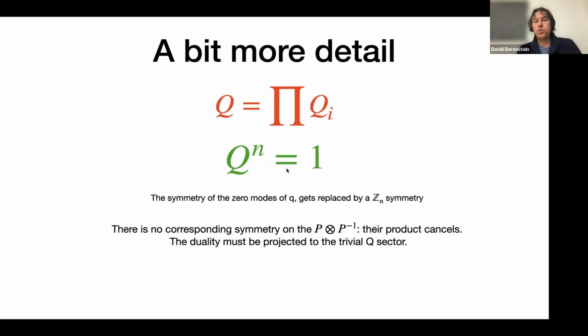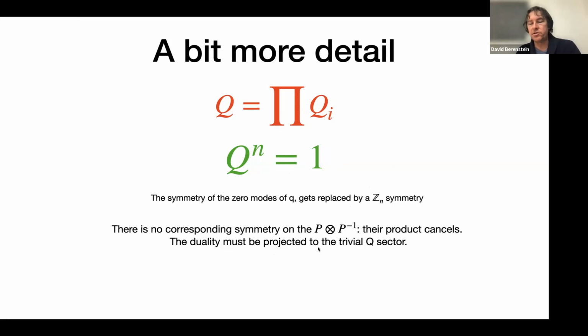You can check that Q to the n is equal to 1, because the individual Q's to the nth power are equal to 1. So the symmetry of the zero modes of little q gets replaced in the capital Q by a Zn symmetry. Instead of having infinite translations of little q, in the algebra that survives I have a Zn symmetry.